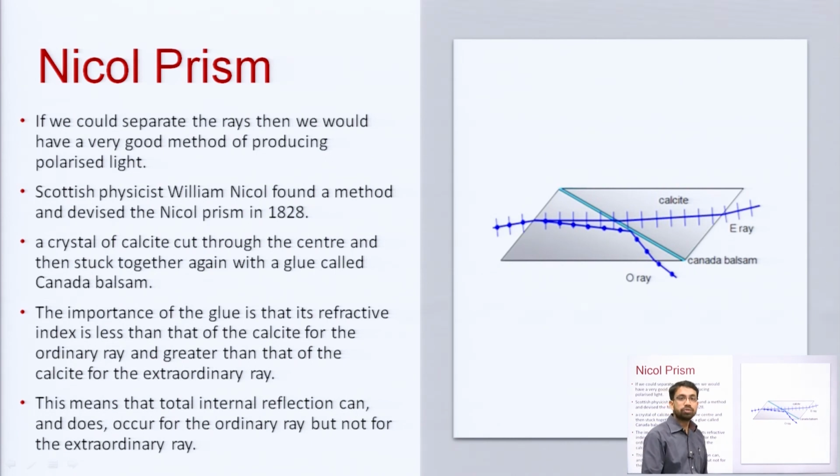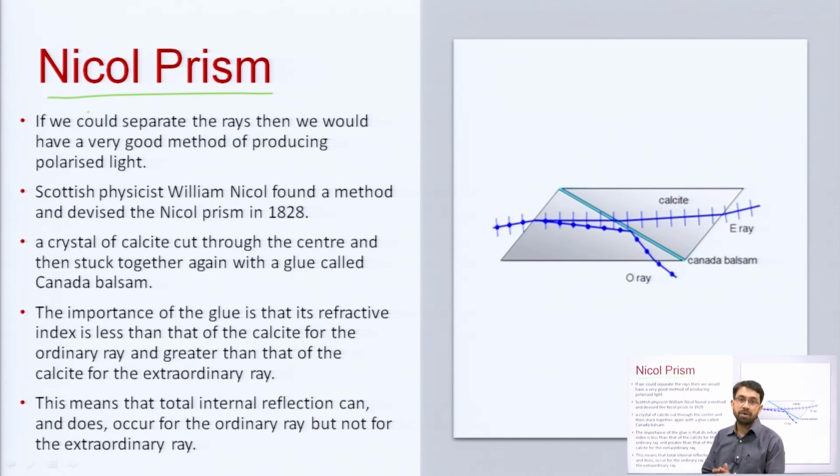and we can use this phenomenon to construct an optical element that is used as a polarizer, and it is called a Nicol prism. So, how do we do it?